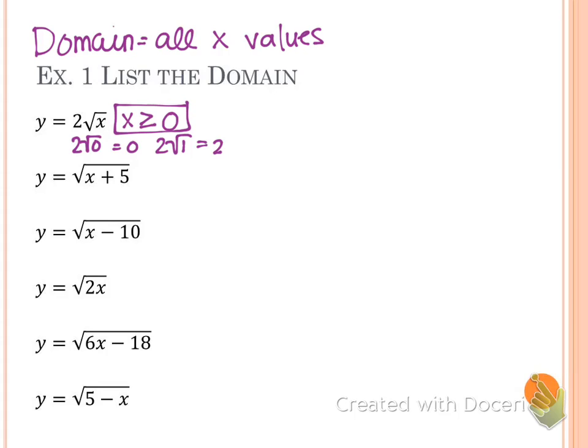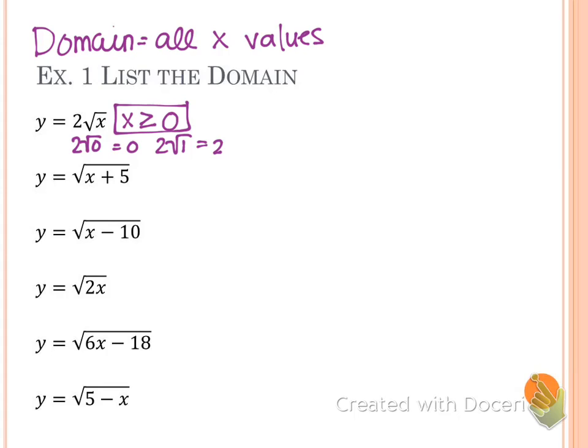Now, what about when I have something like this? I've got to figure out what x is going to equal in order for there to be a 0 under the radical. Because I know as long as my end product is a 0 or bigger, then I'm fine. So I've got to ask myself, what plus 5 equals 0?